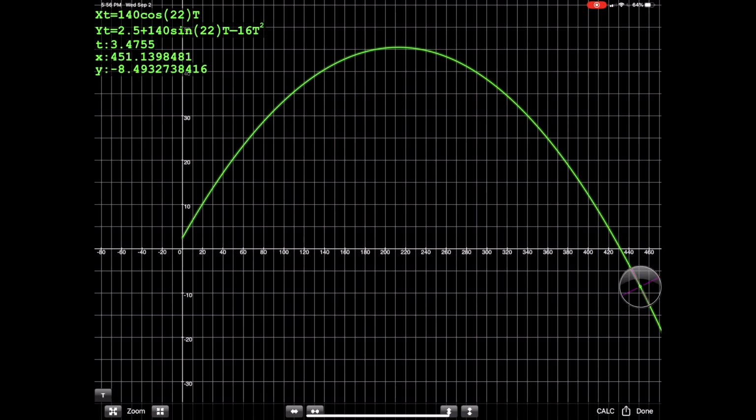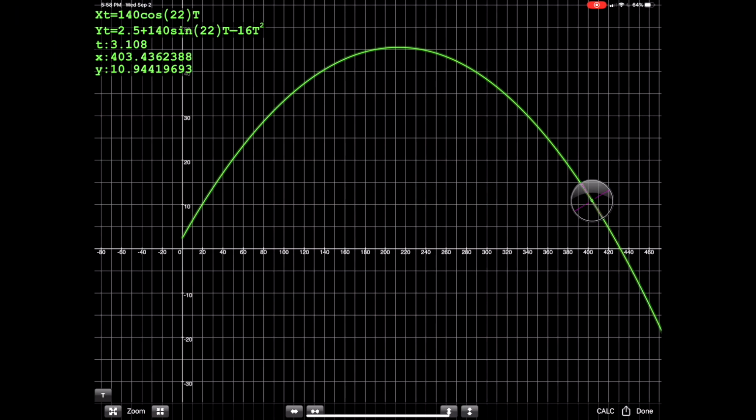All right, so let's just take a look. Let's trace the graph and get to where we're at 10. Okay? So we're trying to get to where y is 10, so it's a little low. Okay, it's a little under 10 right there.